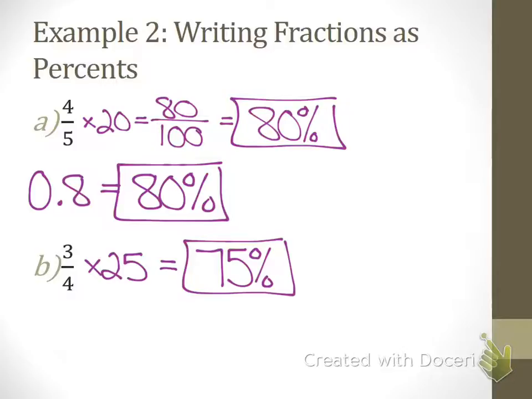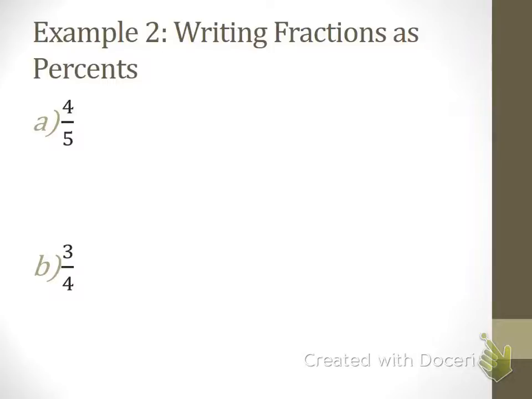Okay, so 75%, not sure where you went wrong, but 4 times 25 is 100, so 3 times 25 is 75%. Who got 75%? Okay. All right. So now let's change these fractions to percents.